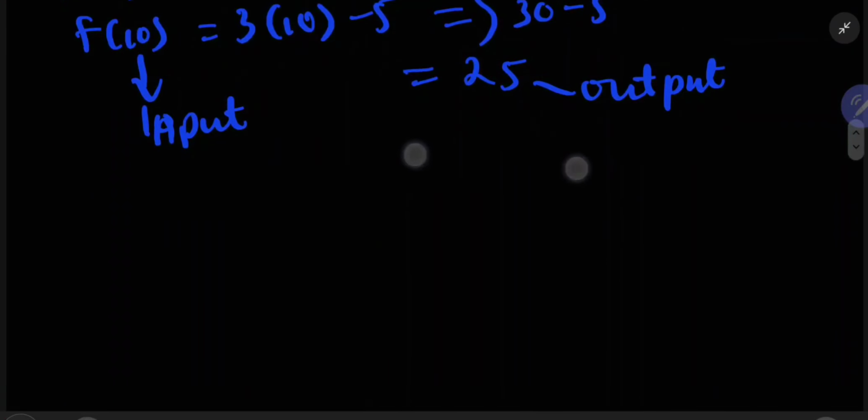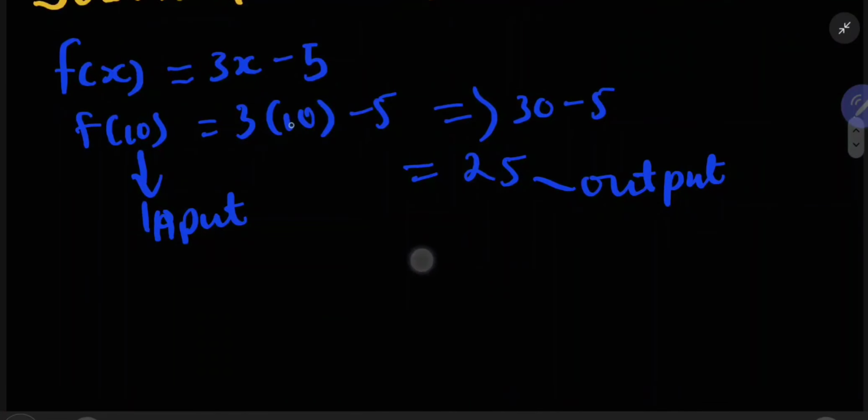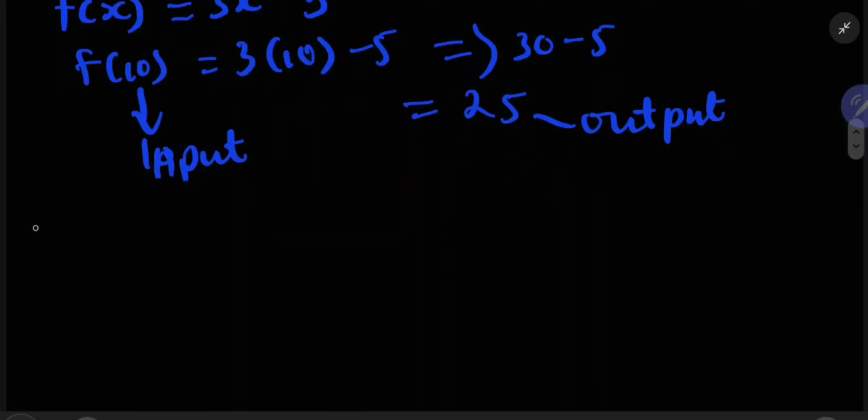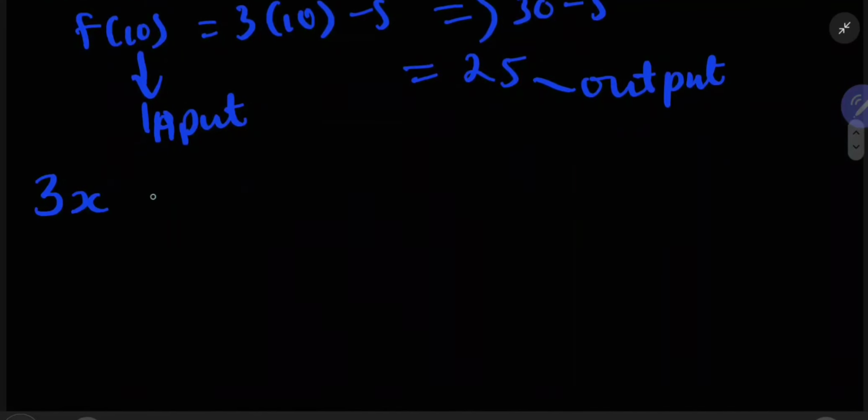For example, let's say here we have 3x minus 5 equals x plus 8. So we have these expressions on both sides, and with the equal sign between them, you call them equations.